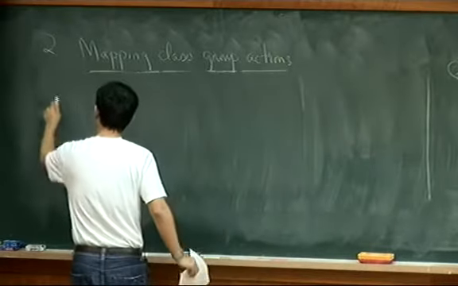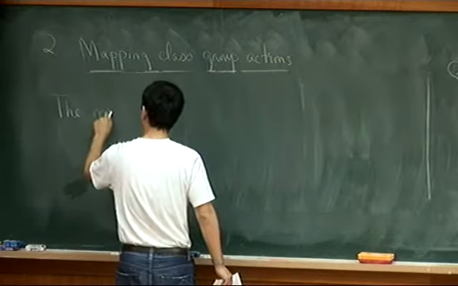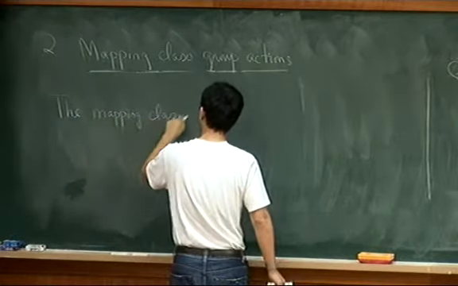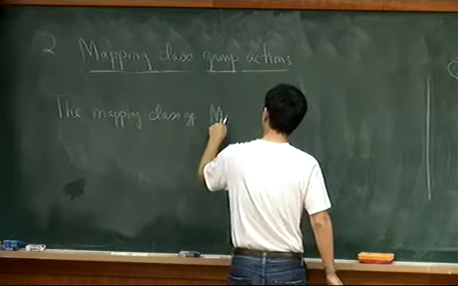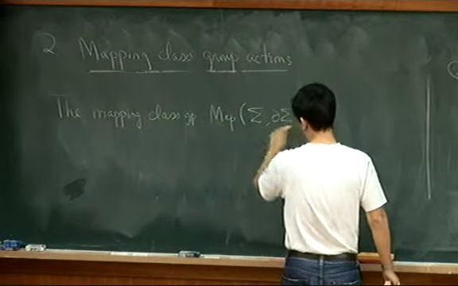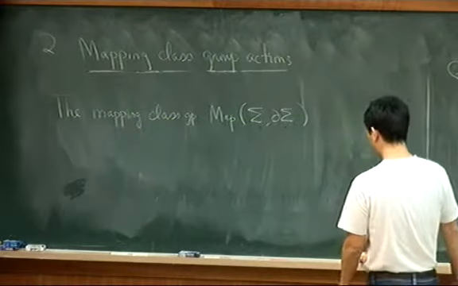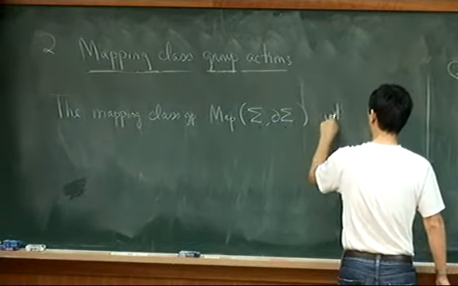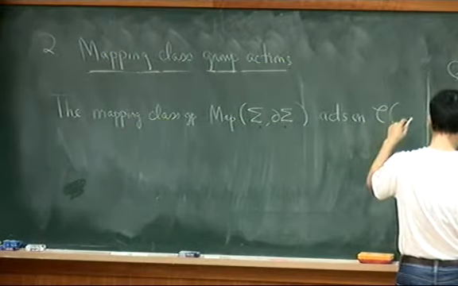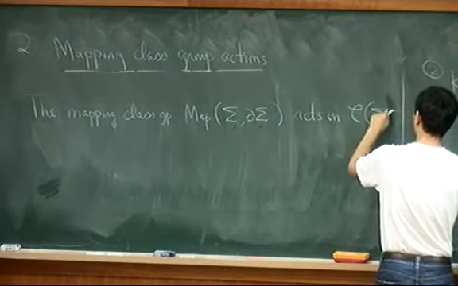The setting which is easier is that the mapping class group of sigma, boundary sigma, these are the diffeomorphisms of sigma that are identity on the boundary. Okay, this clearly acts on the category C of sigma, with boundary.